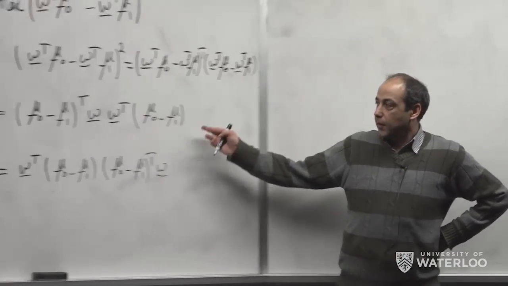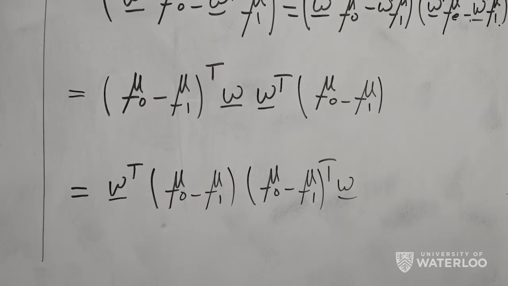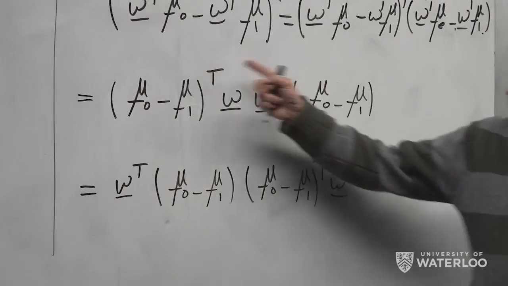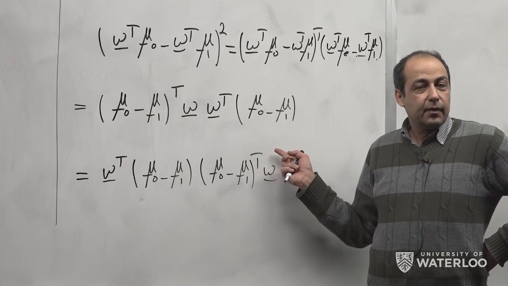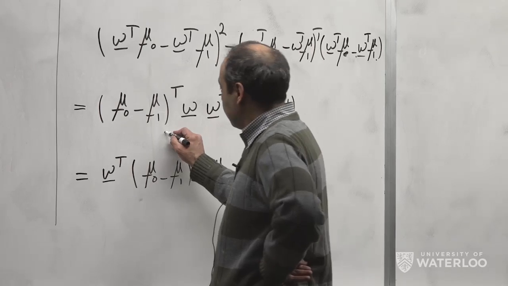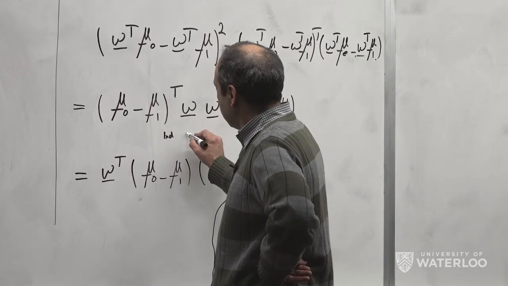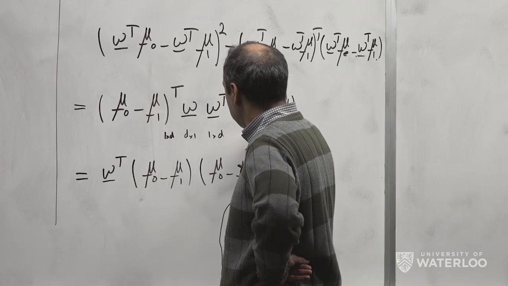Do you agree with me that these two are the same? What's the dimensionality of this? 1 by 1, it's a scalar, right? This is 1 by d. This is d by 1. This is 1 by d. And this is d by 1.